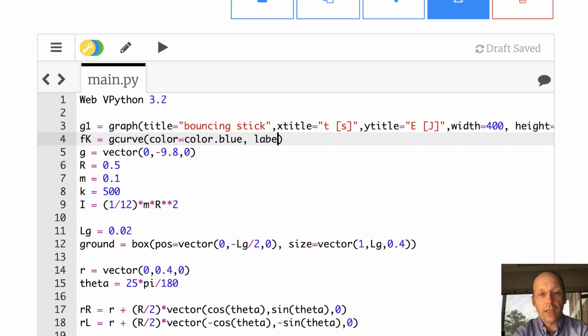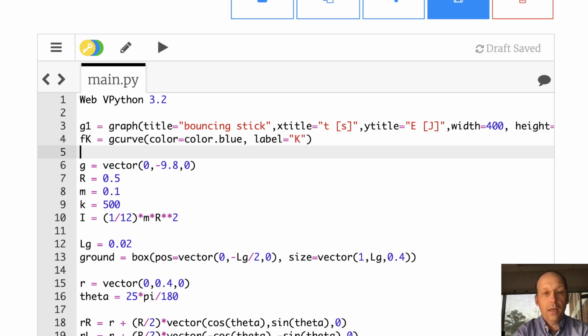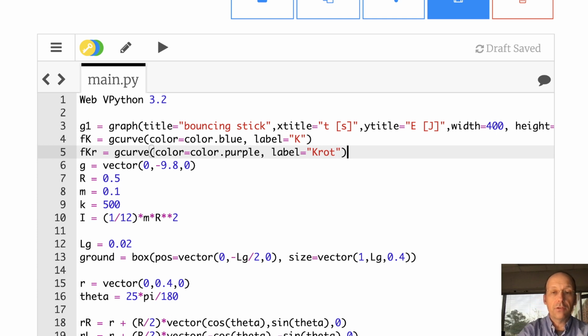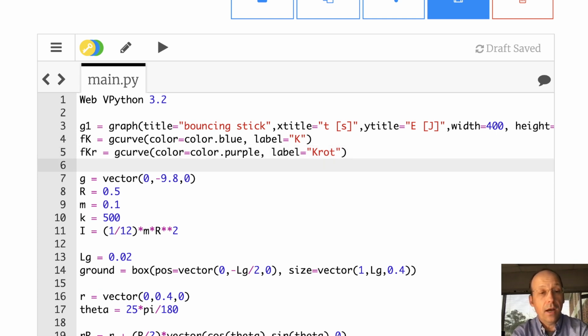I guess I could give it a label. Label equals, let's call it K. fKR is G curve, color equals color dot purple. Label equals K rot for rotational kinetic energy.